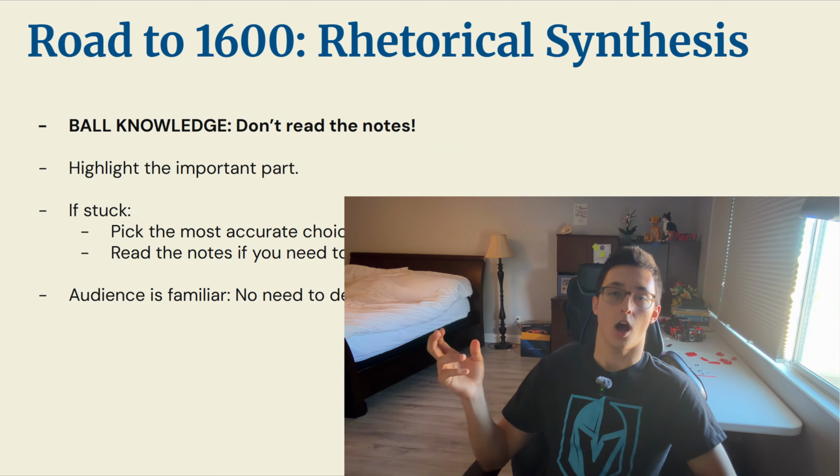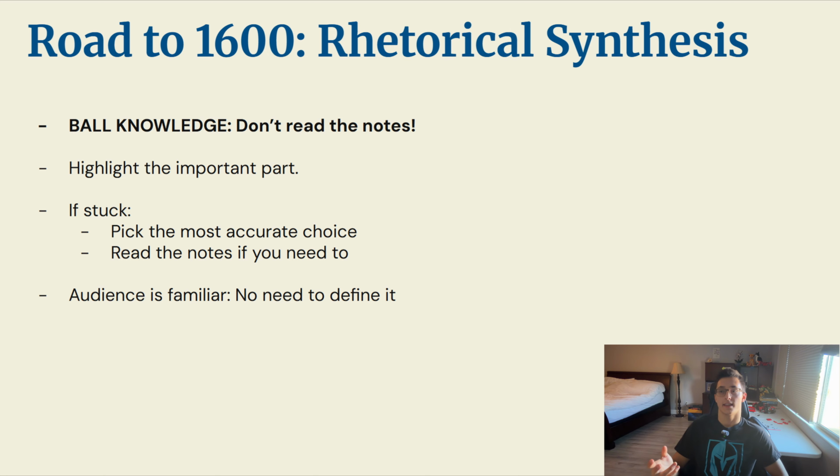Before we get into the practice, I want to make 2 side notes. Not necessarily outliers, but things you should keep in mind. If the question says that the audience is familiar with something, that means the answer choice does not need to define it. If the question says that the audience is unfamiliar, that means the correct answer choice does have to define it.